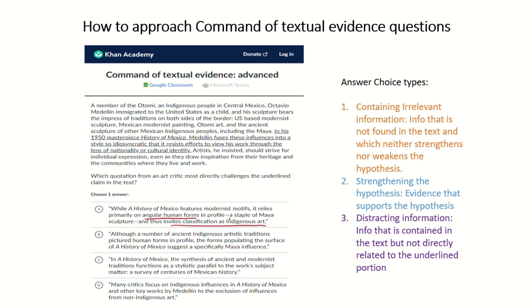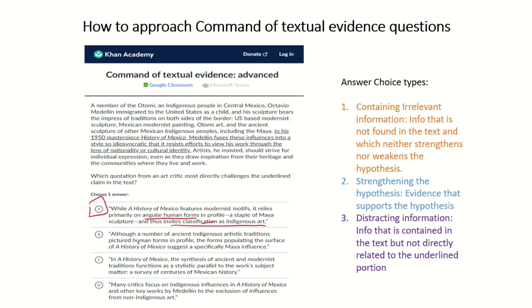So this one kind of views his work through the lens of indigenous art, right? But Medellin says his work should not be viewed through the lens of nationality or cultural identity. So this one seems like the answer choice that weakens it, right? Okay, so let's keep this one for now. So this means we can eliminate the other one.